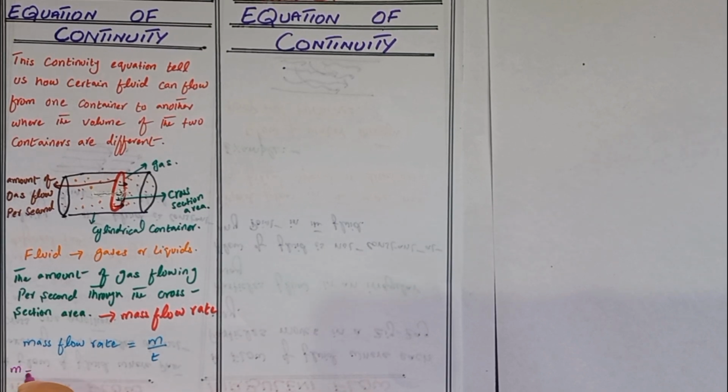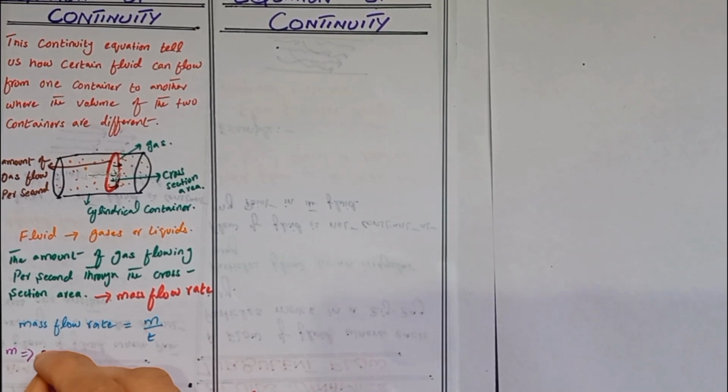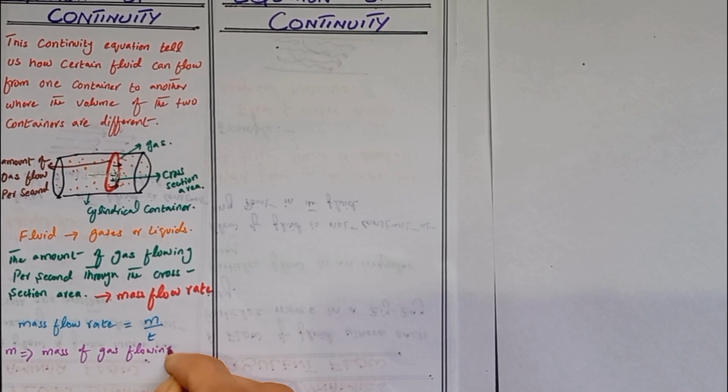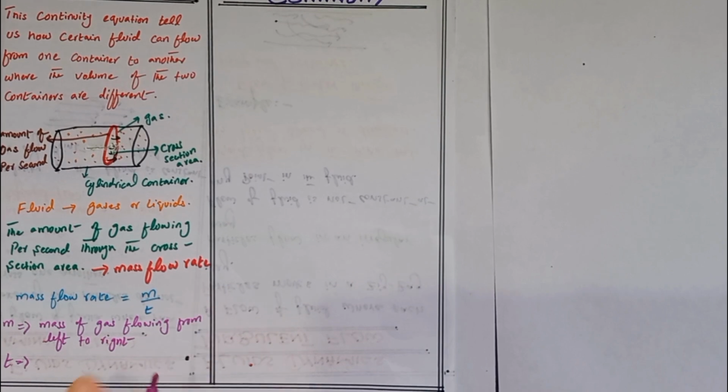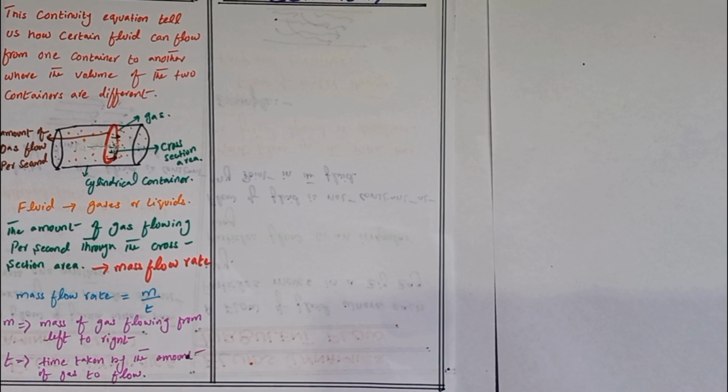Here m shows the mass of gas flowing from left to right. T is the time taken by the amount of gas to flow.